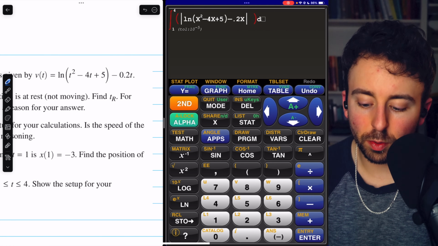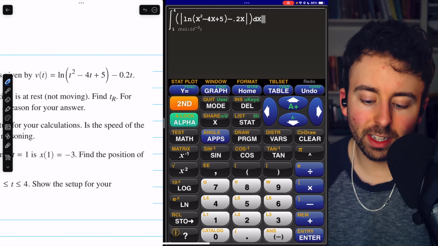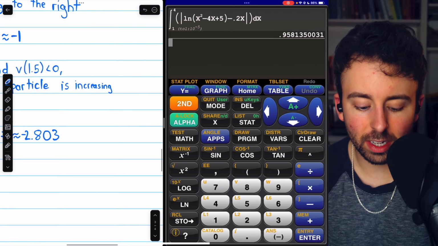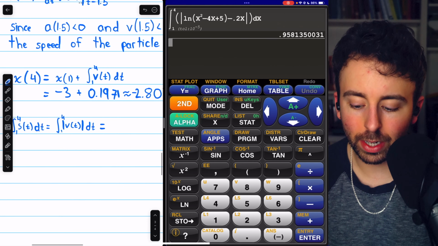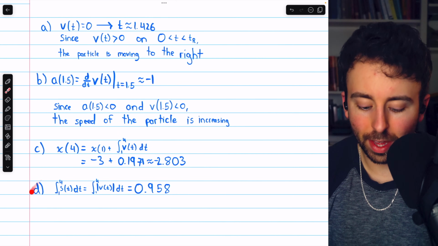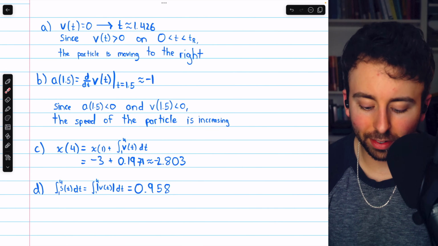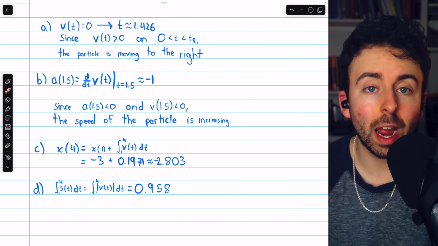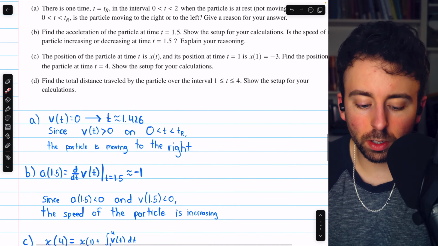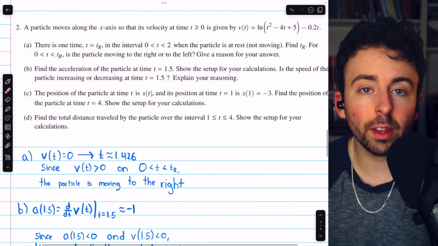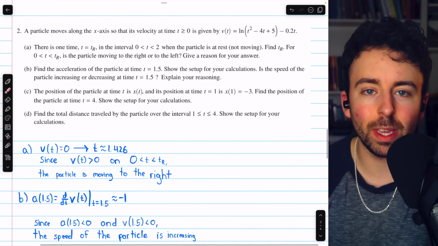So there's the absolute value of velocity, and integrating this from 1 to 4 will give us the total distance traveled, 0.958. And there that is. The integral of the absolute value of velocity gives us this distance traveled. And that completes our solution to free response question 2 from the 2024 AP Calc AB exam.